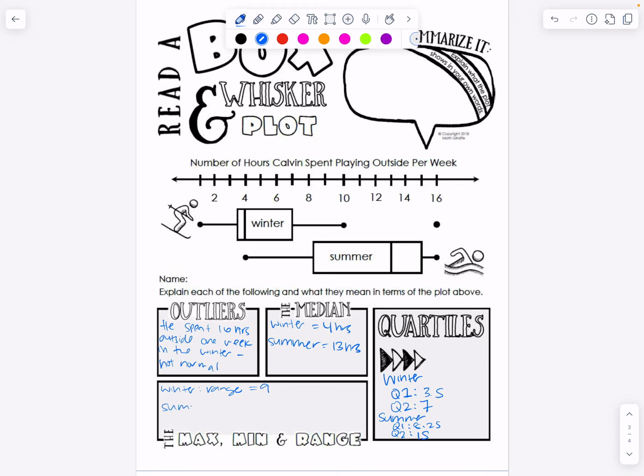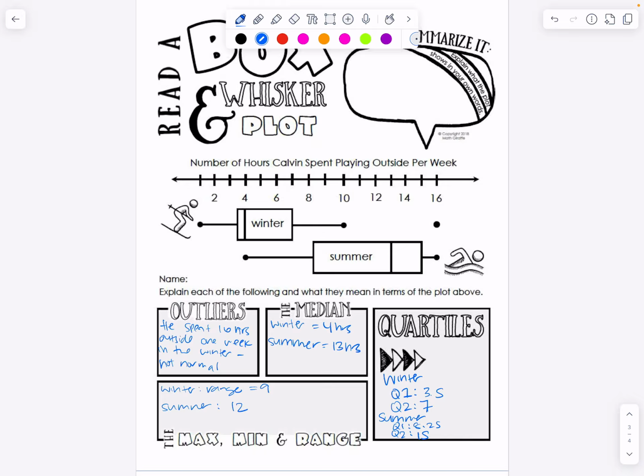So then we have the min, the max, and the range. So in the winter, the range would be, if we don't count the outlier, right? If we want to just look at the range from the maximum to the minimum, we would have 10 minus 1.